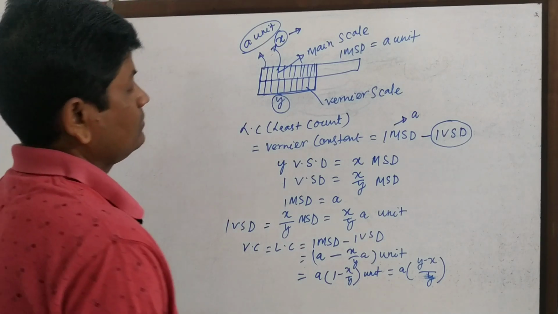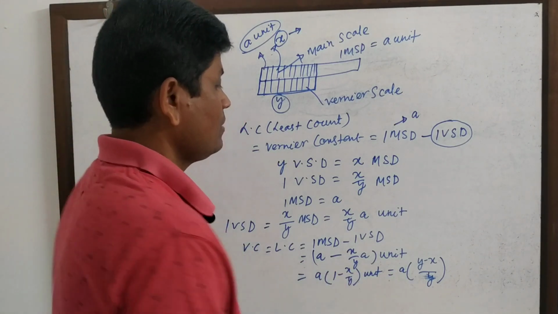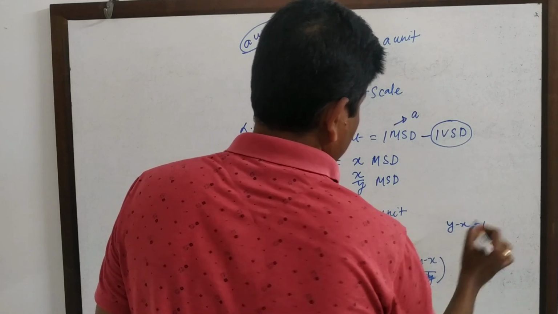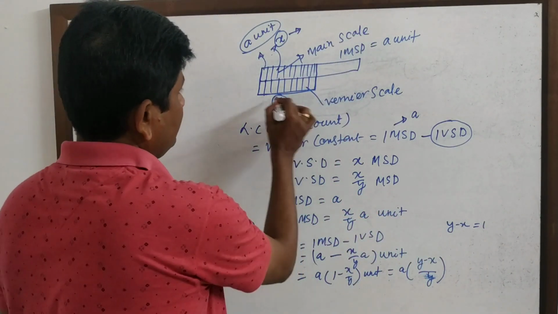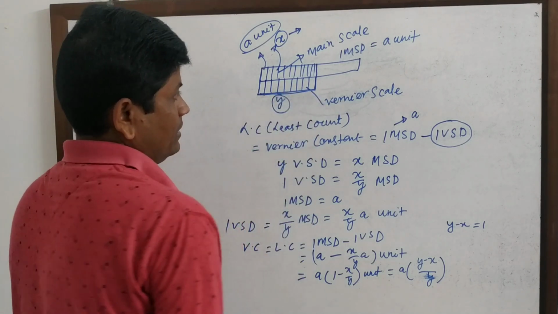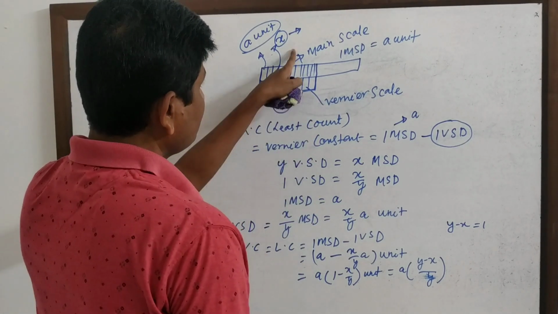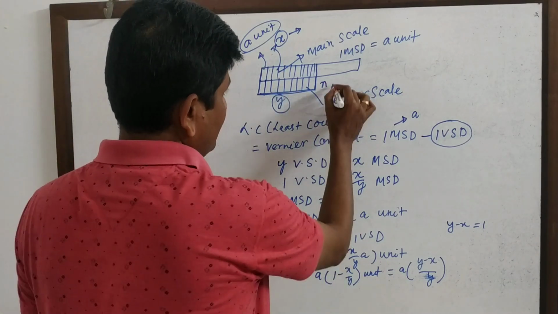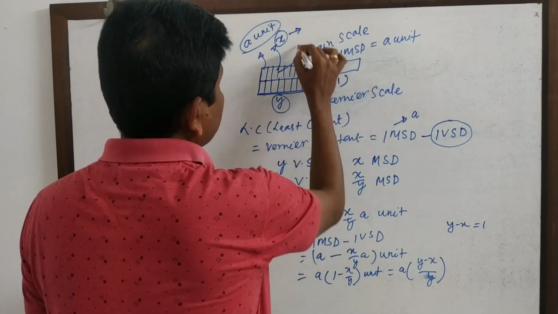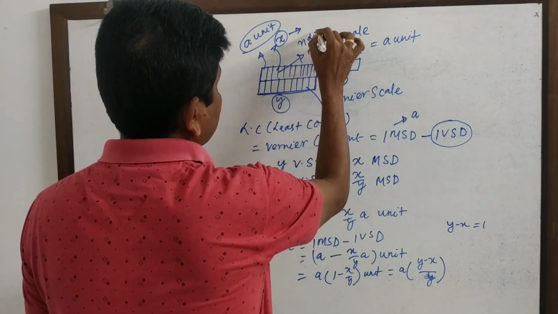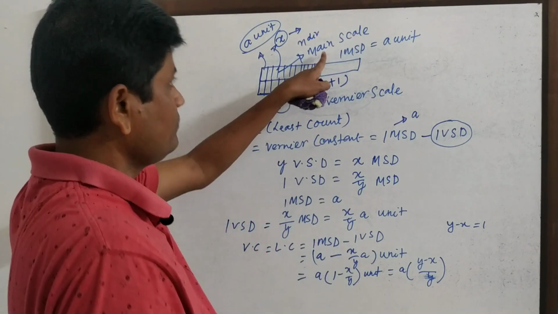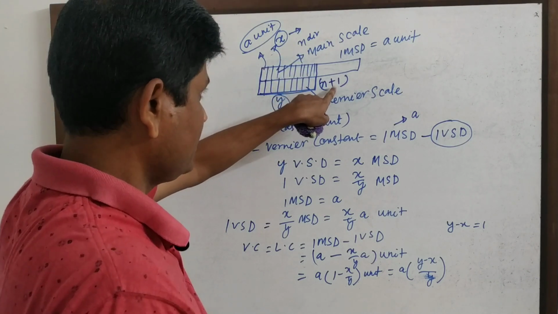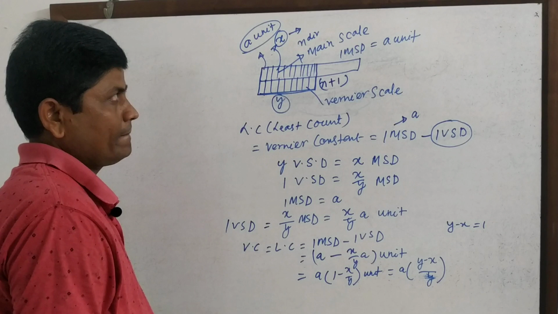Now in most cases Y minus X is equal to 1, that is, the vernier scale has one extra division than the main scale. If the main scale has N divisions, then the vernier scale has N plus 1 divisions.